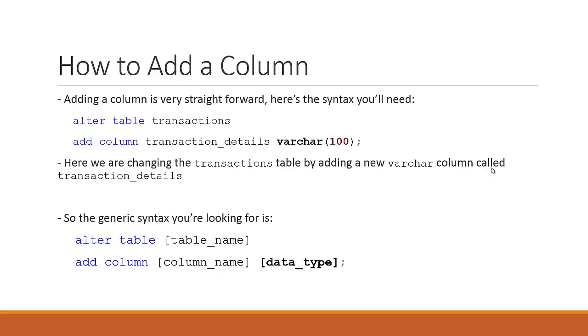So essentially, we're keeping along the theme of a banking situation, and I'm going to keep track of the details of a transaction. So instead of having, let's say, your bank statement printed out from your database at the end of the month with all these debits and credits with the associated dollar amounts, instead of just having a random dollar amount, you're also going to see some details about that transaction.